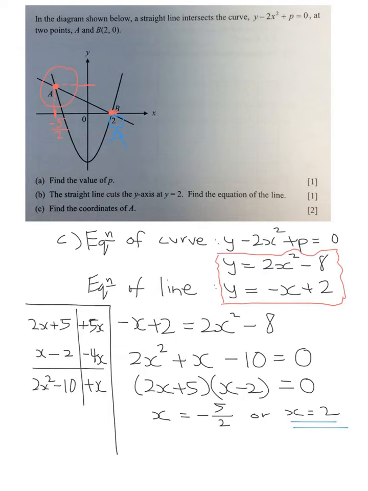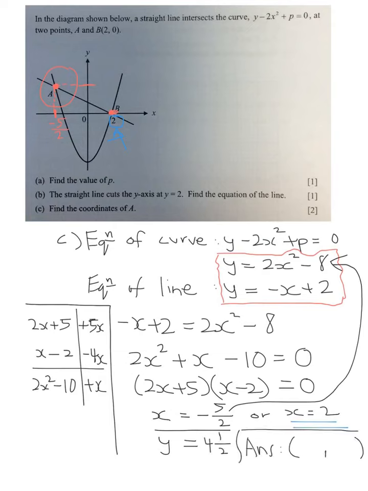We have to substitute this value of x back into the equation of the curve, and we get a y value of 4.5. So in the end, the coordinates of A will be x is minus 5 over 2 and y is 4.5.